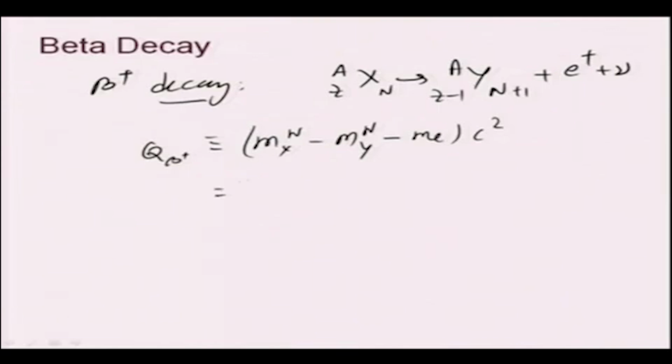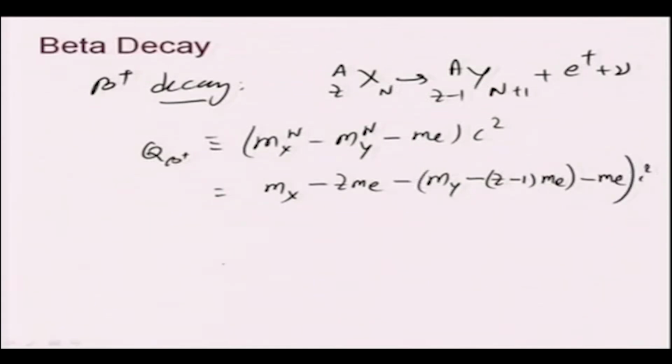But now, when you look at it in terms of the atomic masses, it is m_x minus Z m_e, minus m_y minus (Z minus 1) m_e, and m_e c squared.